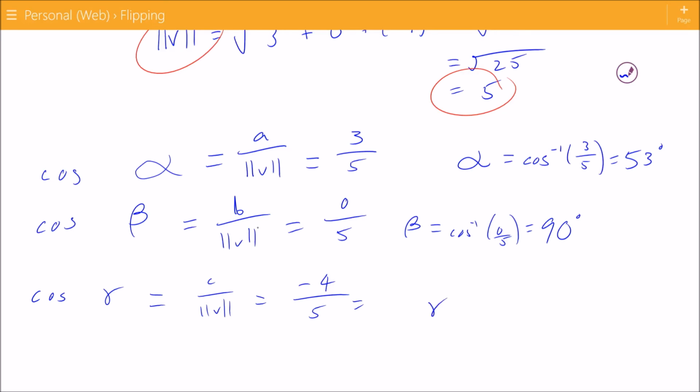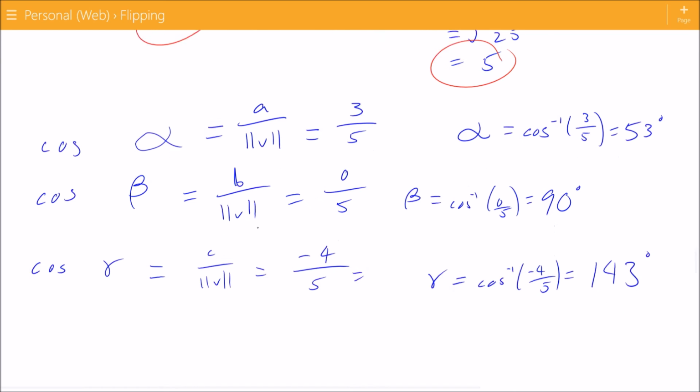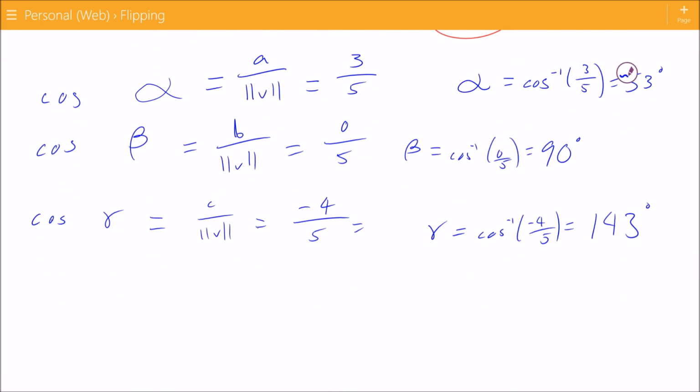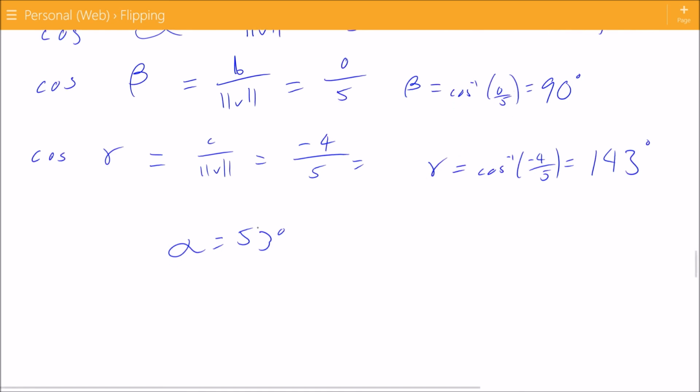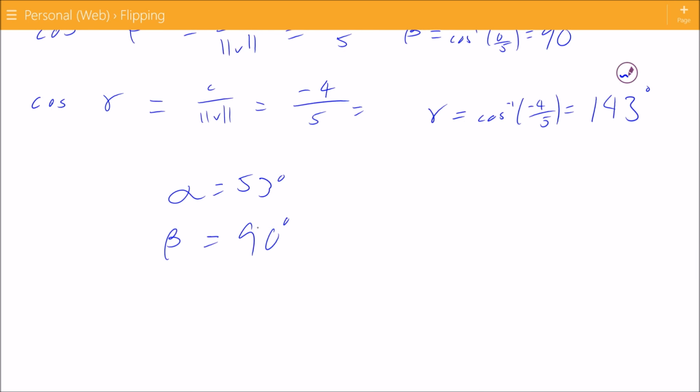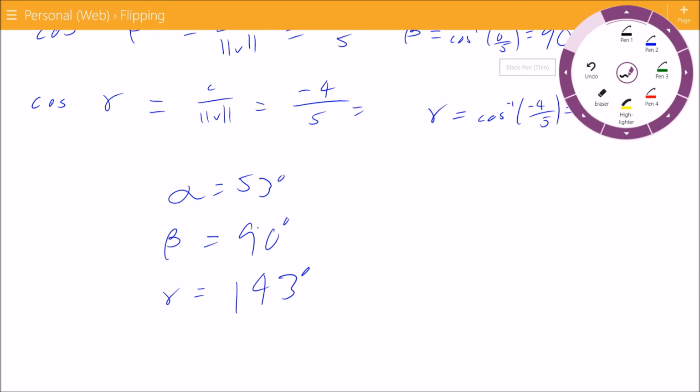So gamma would equal the inverse cosine of -4 over 5, which equals about 143 degrees. So there we've got it: alpha being 53 degrees, beta 90 degrees, and gamma being 143 degrees. That's it.